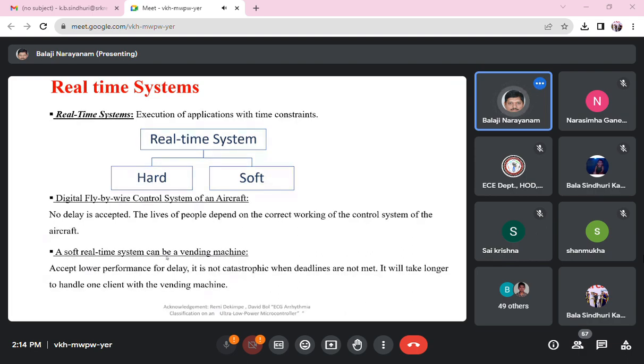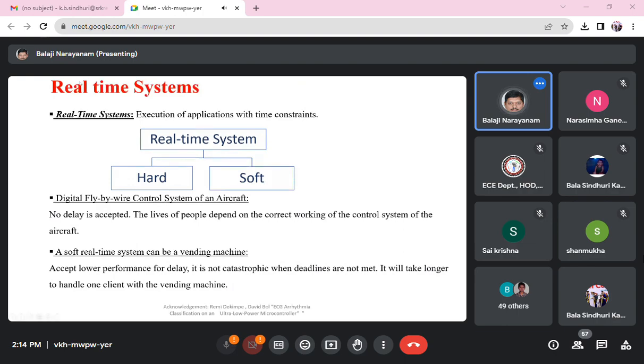Of course, the consumer will wait for a couple of extra minutes or so. But when it comes to the hard real-time system, they are tightly time bound, and there is no delay acceptance. So this is what a real-time system is.